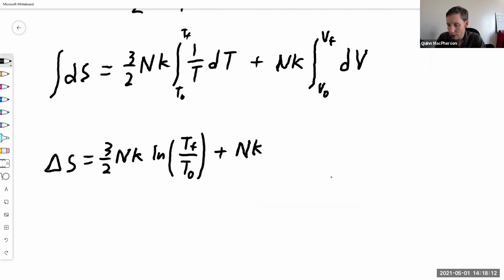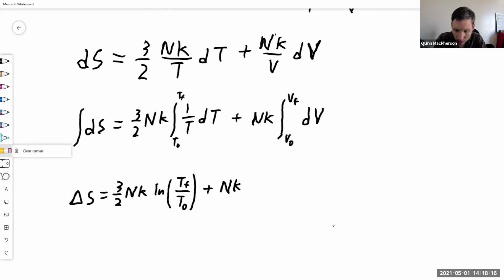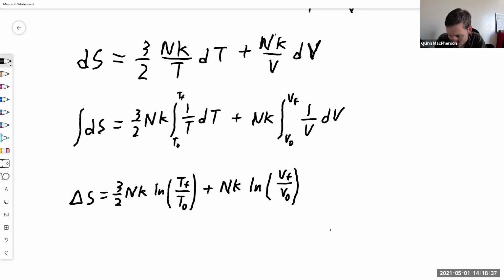Whoops, I missed a term, I forgot my 1 over v. Okay, that's better. The integral of 1 over v dv is natural log of v final over v initial.